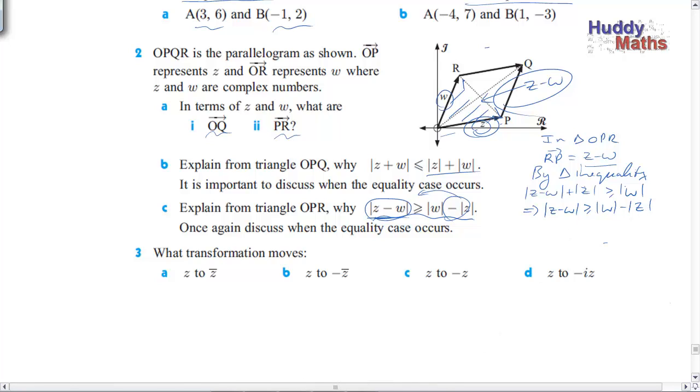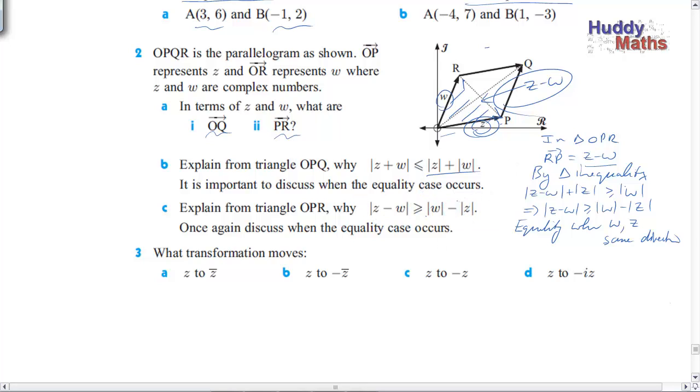Okay, and equality when W and Z are in the same direction or collinear. Then that equality would hold. So that's a little tricky to do here, let's just clean this up a bit.